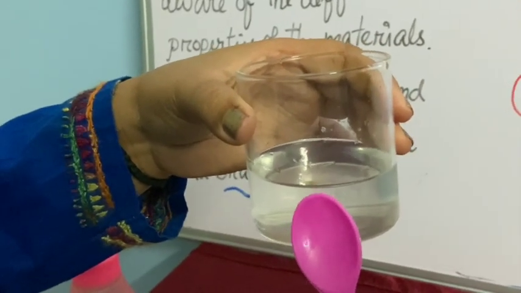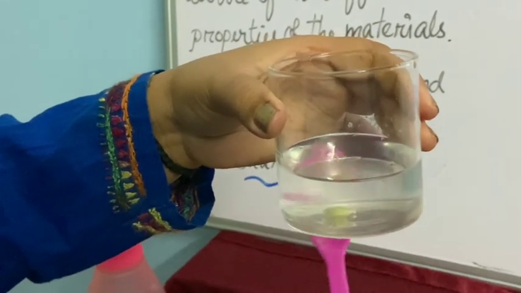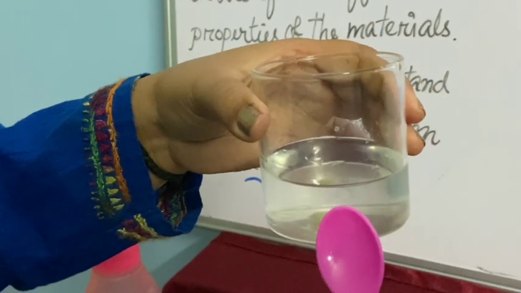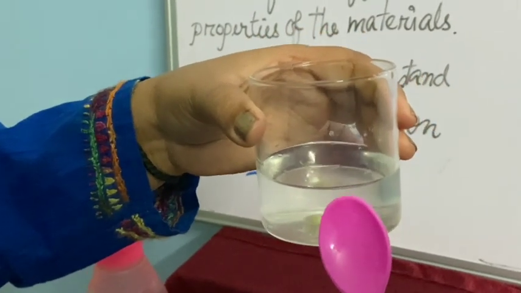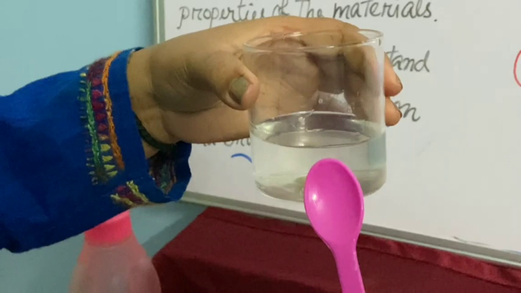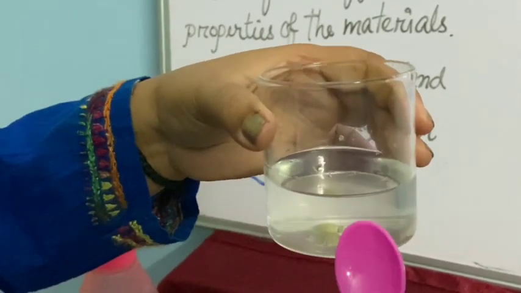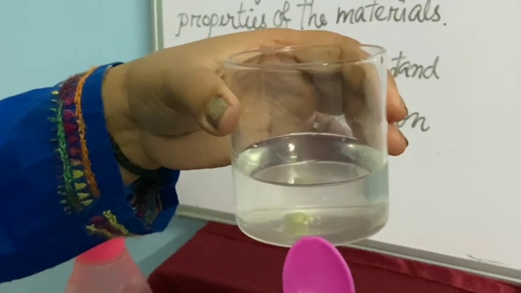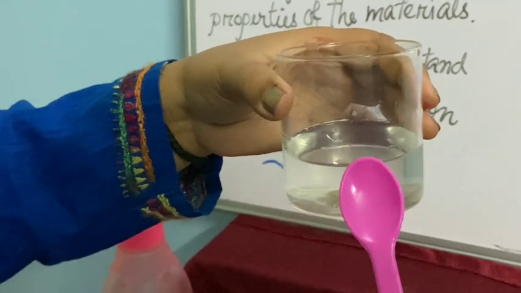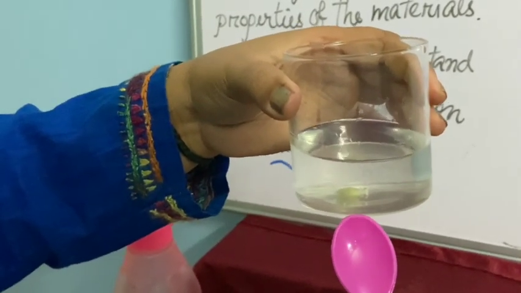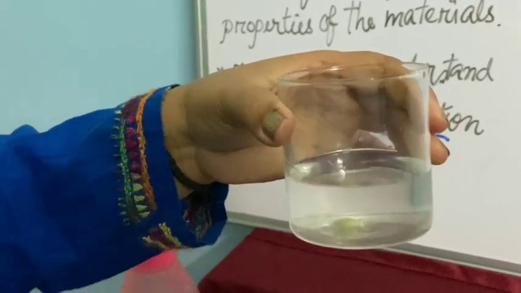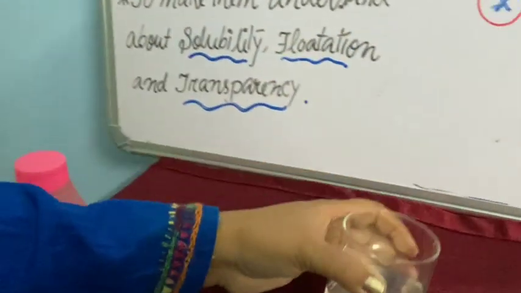That means the lemon juice has uniformly dissolved in this water. So we can say that lemon juice is soluble in water. We are not able to separate the lemon drops from the water. That means it has mixed up thoroughly. So this is soluble. Clear?